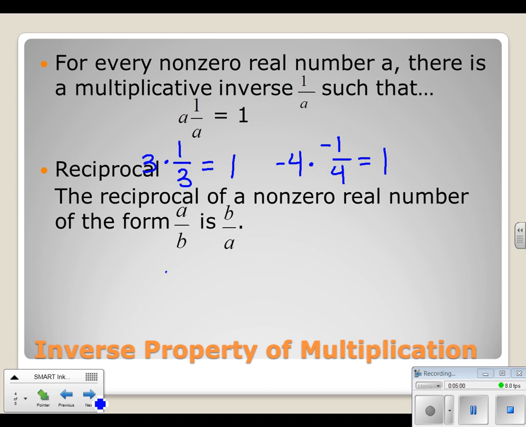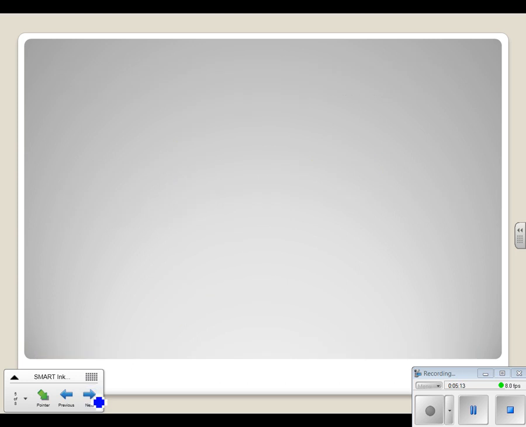For example, the reciprocal of 2/3 is 3/2. And we'll use that when we are dividing rational numbers as well. So let's use our rules here for multiplying and dividing real numbers.